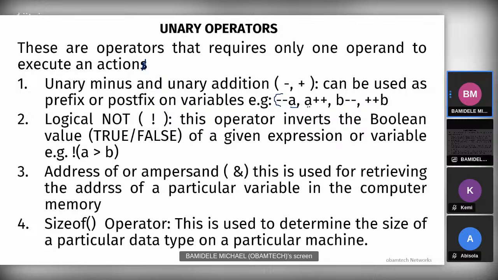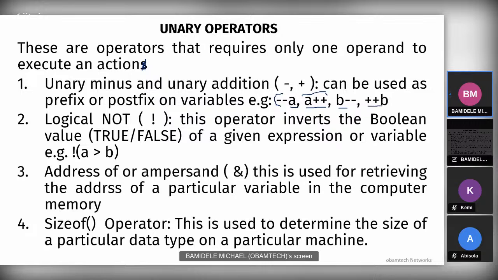And you see another one called a++, which is postfix increment of a. You can see that the sign here is plus and this is minus. Unary, and single-handedly, they are performing an operation on this variable a, and the same thing applies to this b. So just get this concept. We have the unary operator.